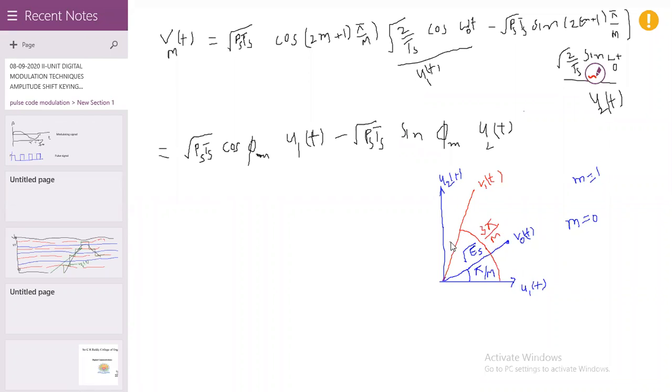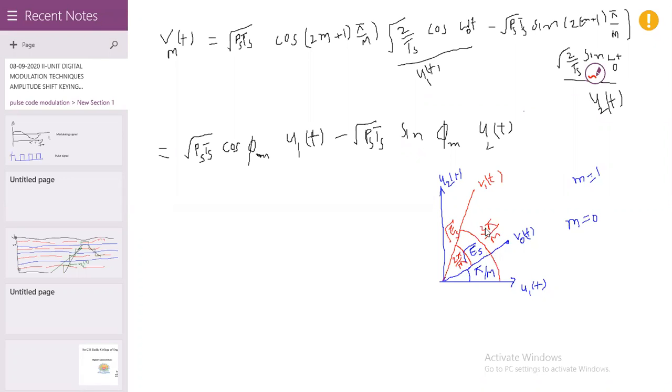Again, the resultant is root of Es. And here this is the total from the reference. This is 3 pi by m for m is equal to 1. So for m is equal to 0, this is pi by m. Only this one we can consider. This is 2 pi by m. Here we can indicate that 2 pi by m.